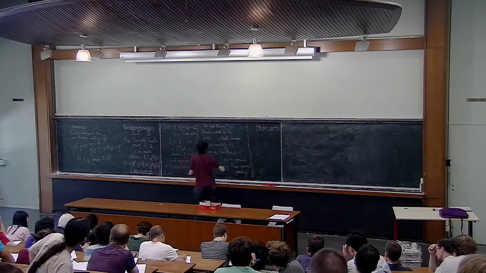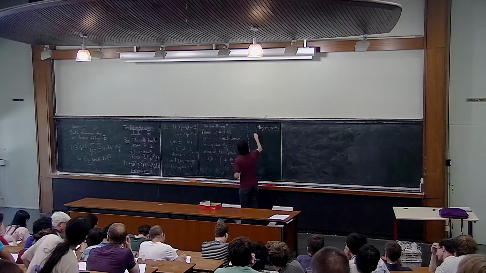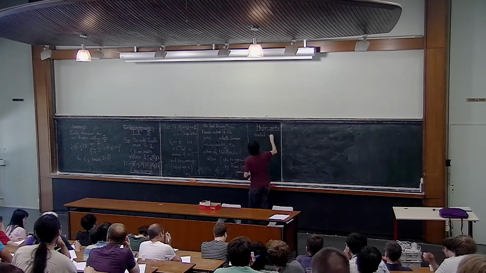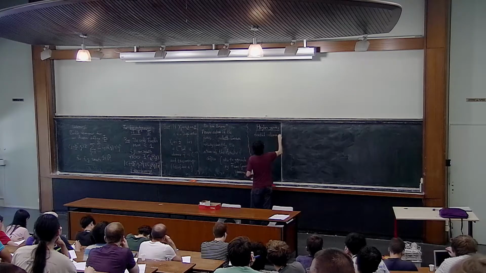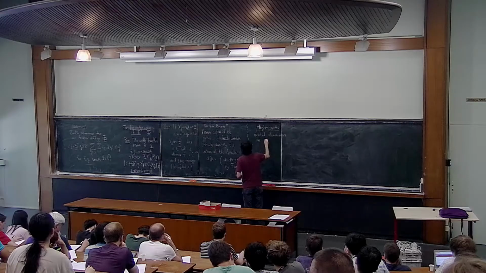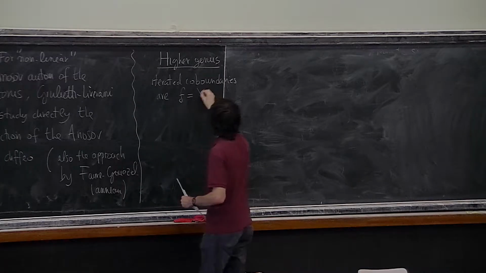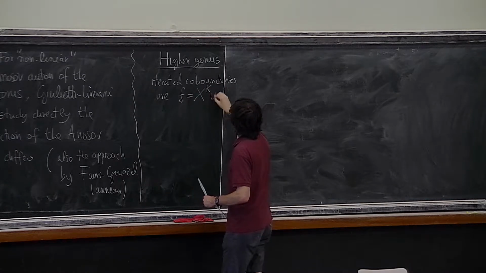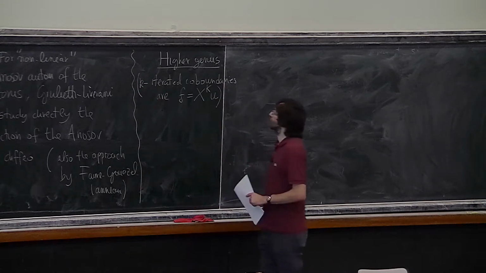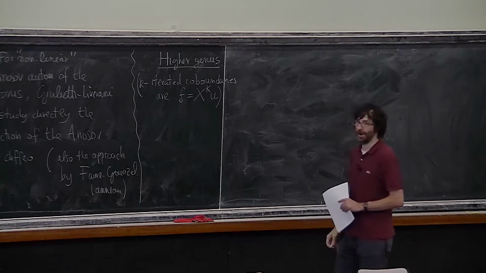So let me recall that iterated coboundaries are f's such that they are equal to the kth derivative. So these are k-iterated coboundaries. That's what we call it, an important notion.